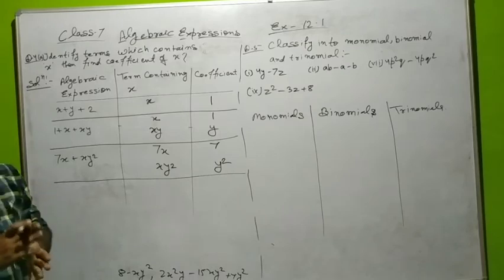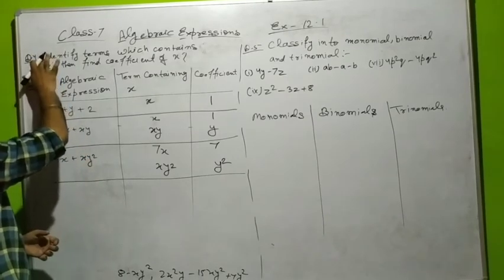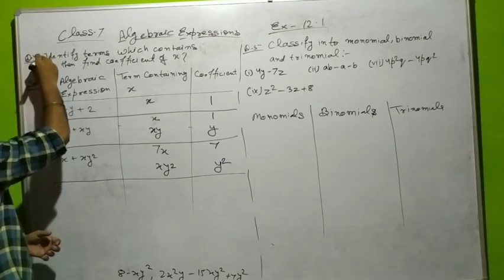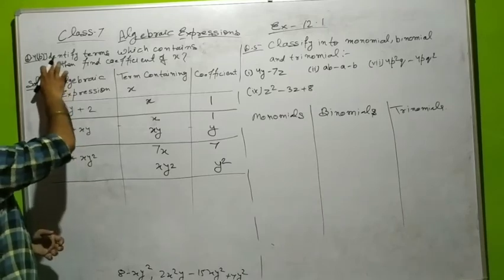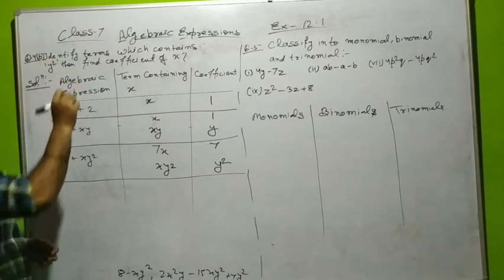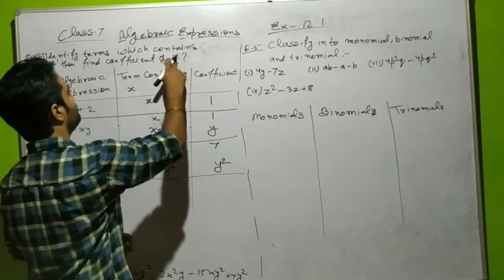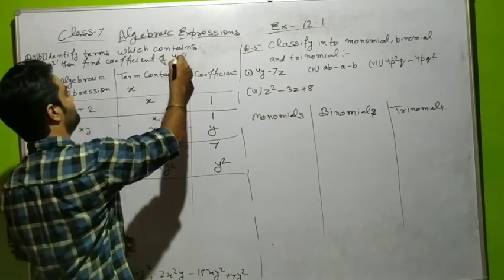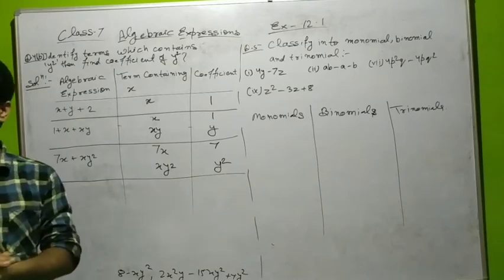Now let's come to the B part of question number 4. The B part is the same, it just changes x to y square. So we have to identify the terms which contain y square, and then find the coefficient of y square.